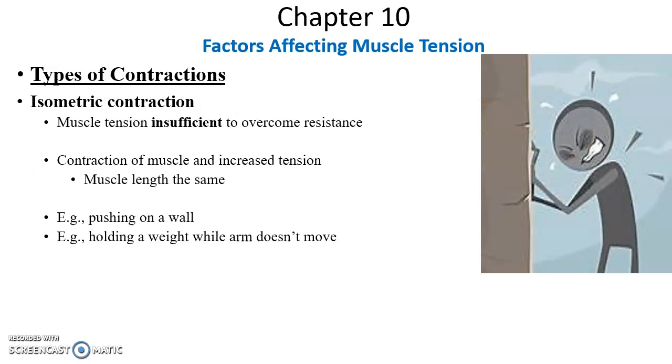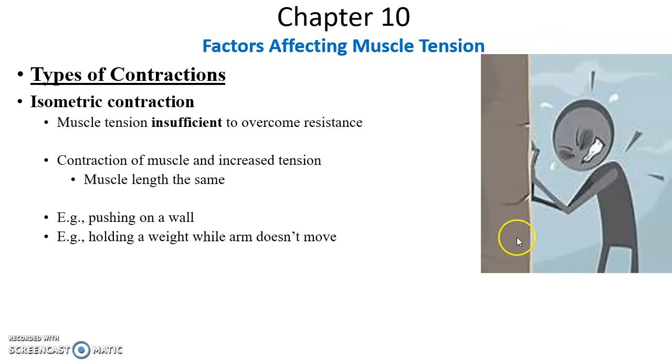Right, types of contractions. Our muscles are able to generate force, generate tension, and they can do this in a number of different ways. So one way is the isometric contraction. In an isometric contraction, the muscle tension is insufficient to overcome resistance.